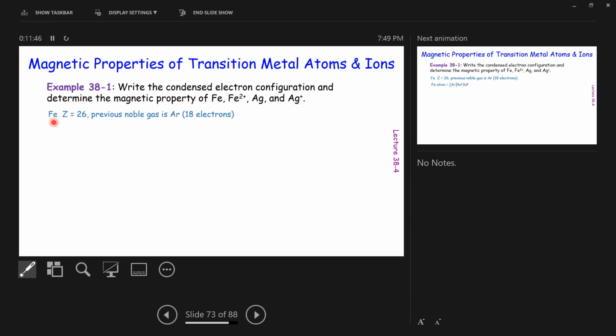For iron atom, there should be 26 electrons, and its previous noble gas is argon. Therefore, the electron configuration for iron atom is argon, then followed by 4s2, 3d6.